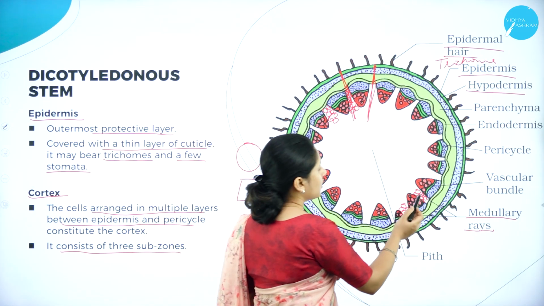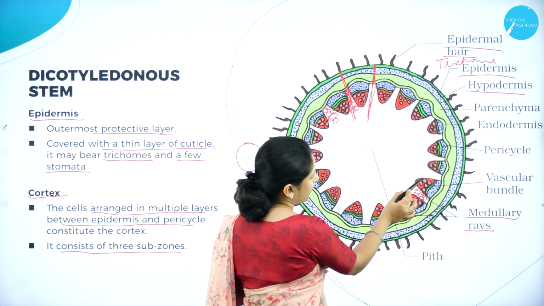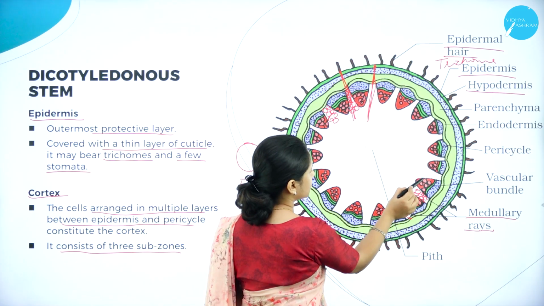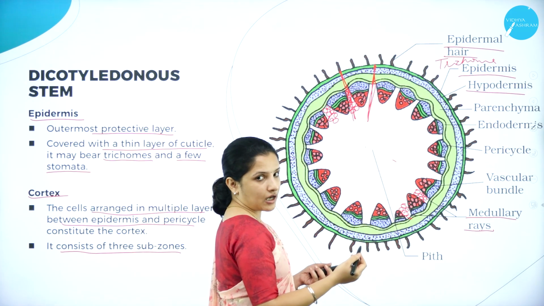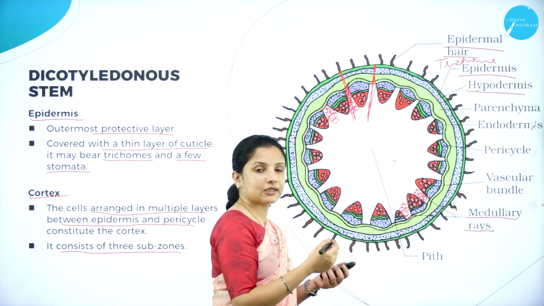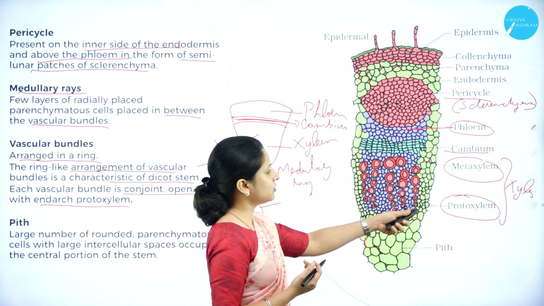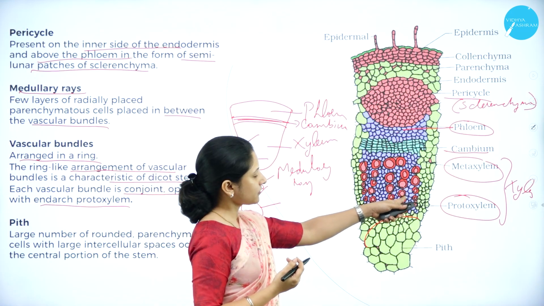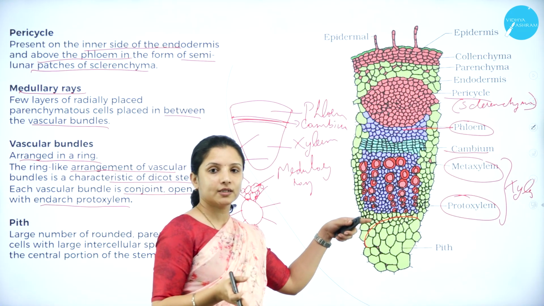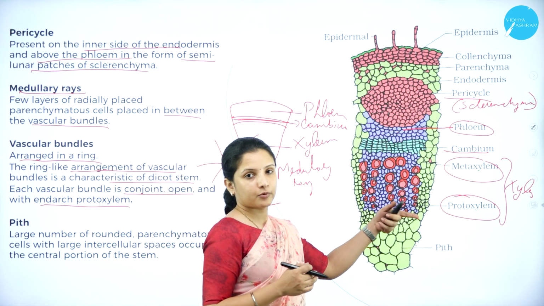You can easily understand this in the diagram. This is the pith region. If the protoxylem is present here towards the pith, then it is endarch. If it is away from the pith, it is exarch. That is the kind of arrangement. Here, because the protoxylem is facing towards the center of the pith, it is an endarch protoxylem.